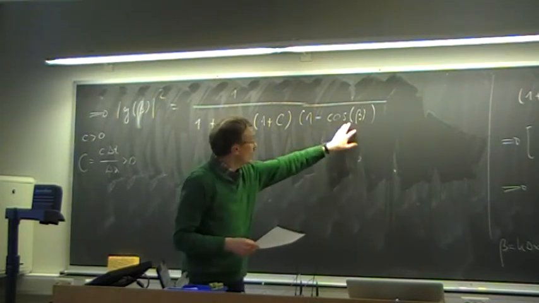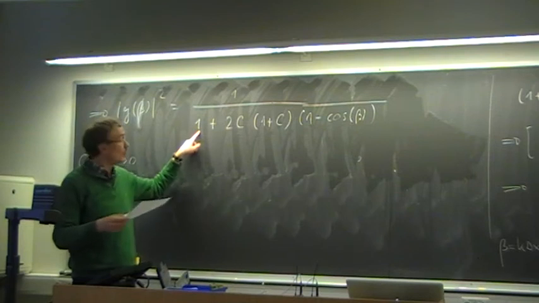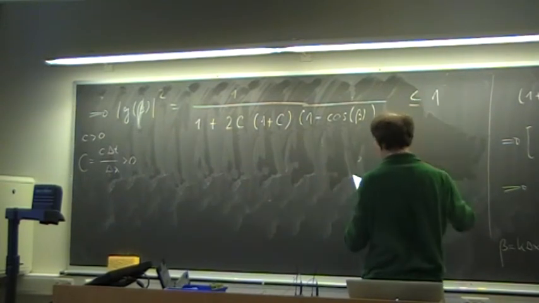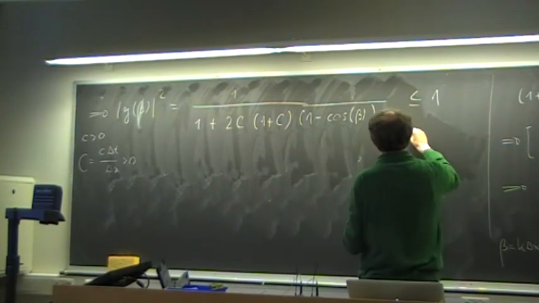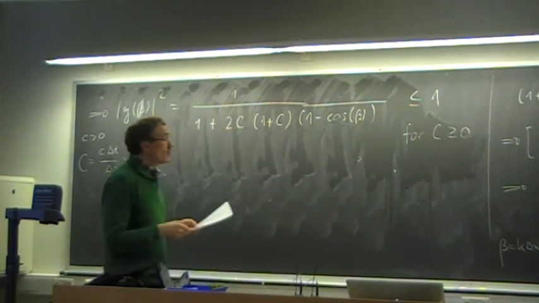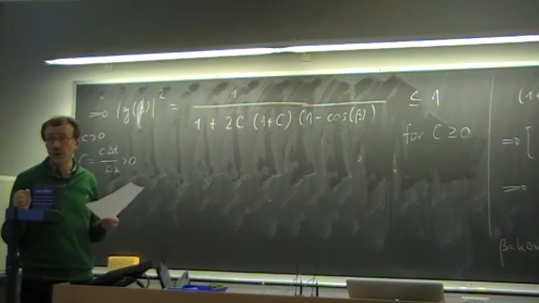So we have here something adding something to 1. Get 1 divided by 1 plus something, we get something smaller than 1. Definitely. So this here is definitely smaller than 1 for current number greater equal to 0. And that means that the implicit upwind method is unconditionally stable.